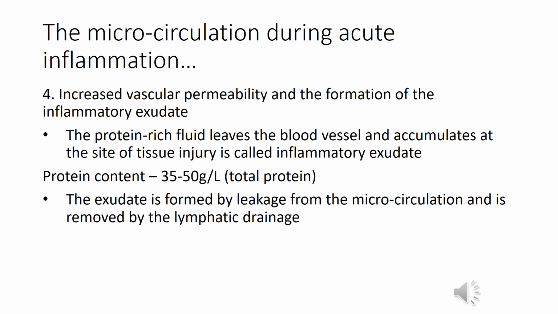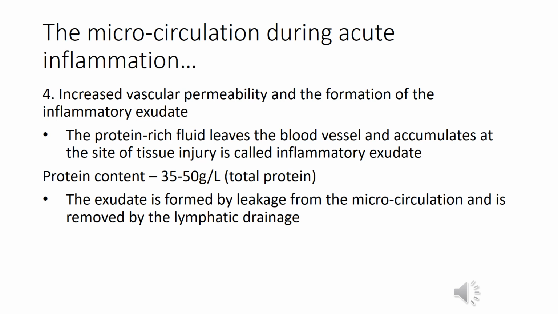Like I said before during the introduction, an exudate is protein rich. And usually, if you send it for chemical analysis, you'll find that the protein level is beyond 35 grams per liter. When it is more than 35 grams per liter, definitely the cause of that exudate or edema is inflammatory in nature.